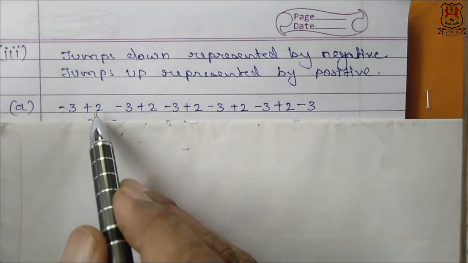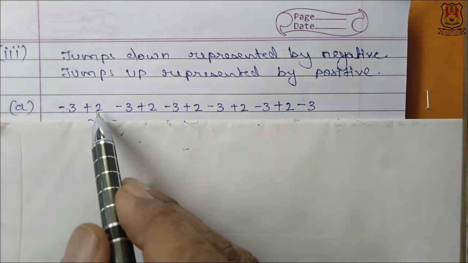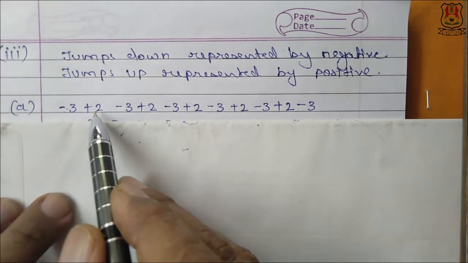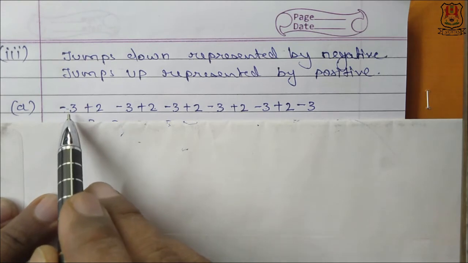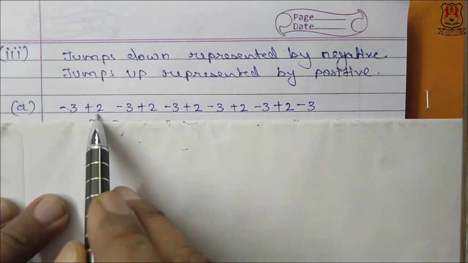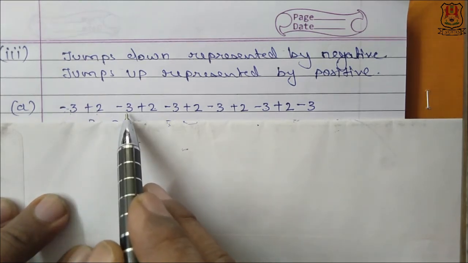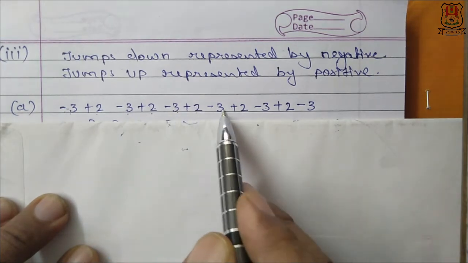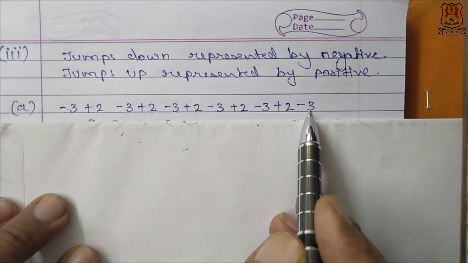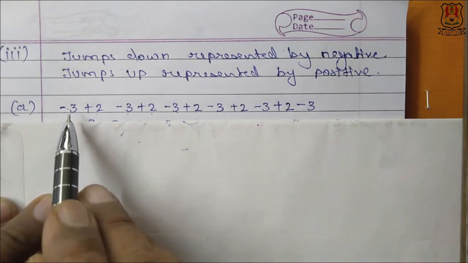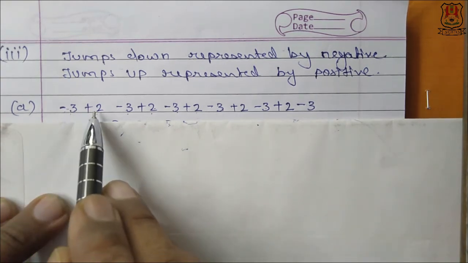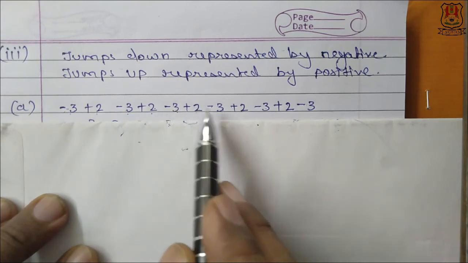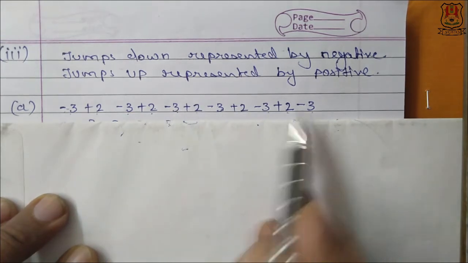But how many jumps does he make to reach the water level? There were 11 jumps in the first question, so we have to write 11 numbers. So -3 plus 2, again -3 plus 2, -3 plus 2, -3 plus 2, -3 plus 2, and -3. If we count, he jumped 11 times: first jump, second, third, fourth, fifth, sixth, 7, 8, 9, 10 and 11.